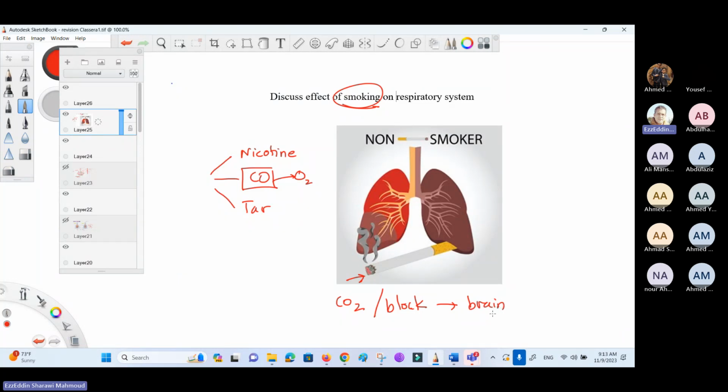It causes dizziness. Tar is a substance that has more than 60 substances known to be carcinogenic. It causes cancer.